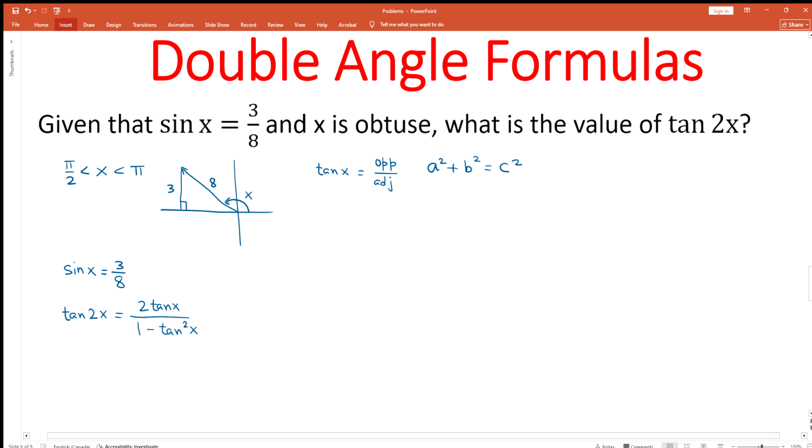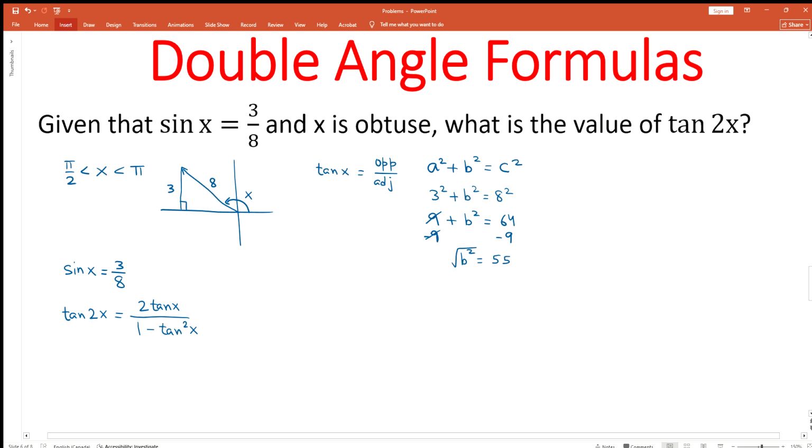We can replace a with 3. 3 square is 9. 8 square is 64. We can subtract 9 from both sides. I get b square equals 55.